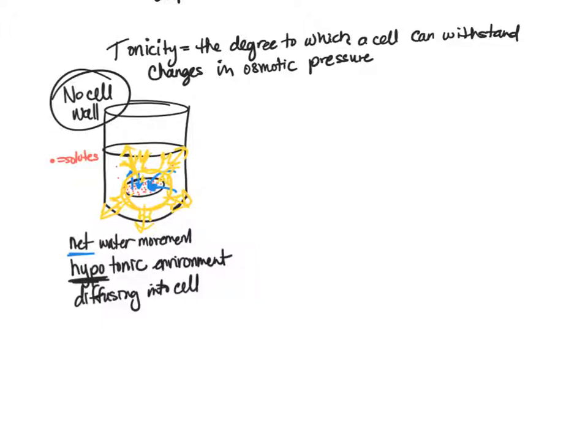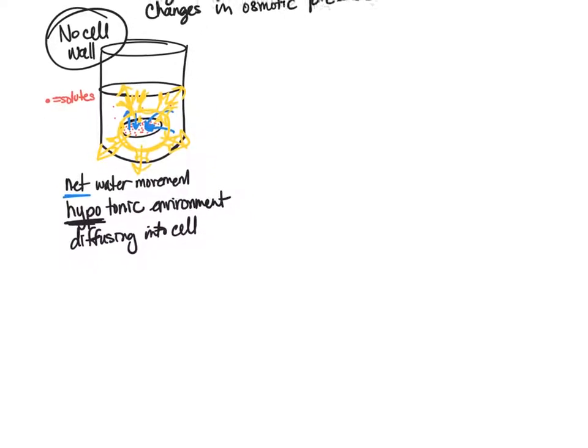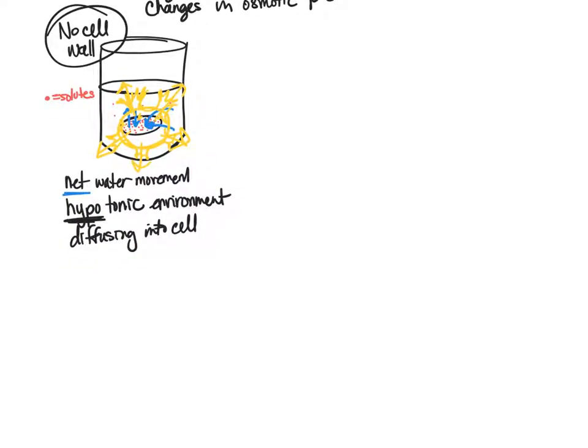Now, if, on the other hand, this cell had a cell wall, so we can say that it's a bacteria, you know what, actually we'll make it a kind of plant cell.